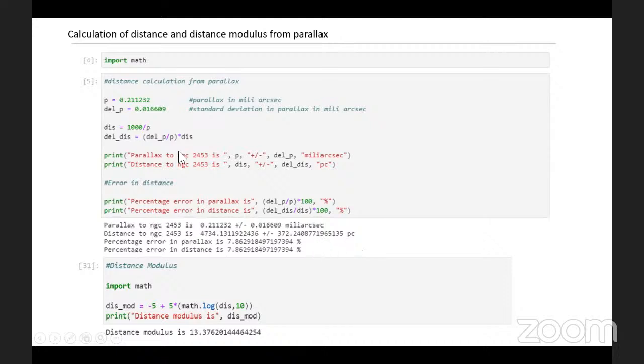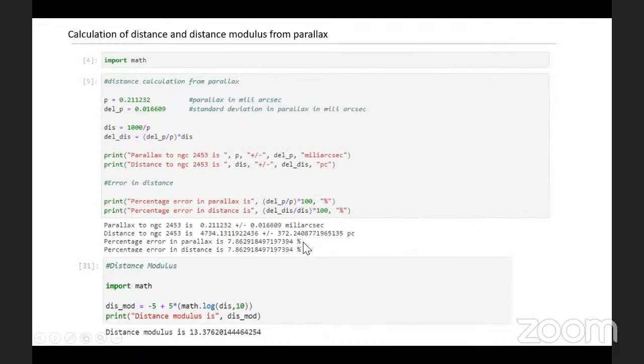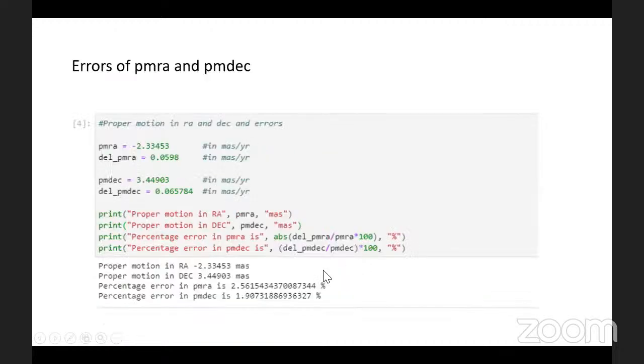For calculation, I have used the maximum decimal digits, but when we report it, we will use rounded-off figures. The distance modulus is coming around 13.37, and we will use this in the further calculations, mainly in the reddening and extinction. I should note again the 7.86% error of the distance and the parallax, and the proper motions have around 2.56% error and 1.9% error bars.